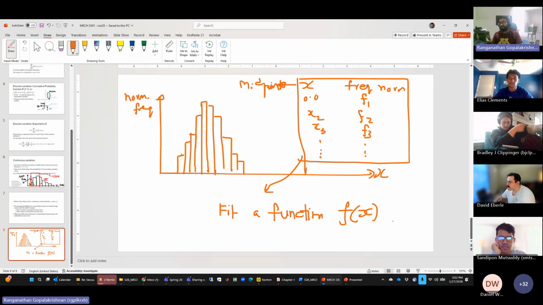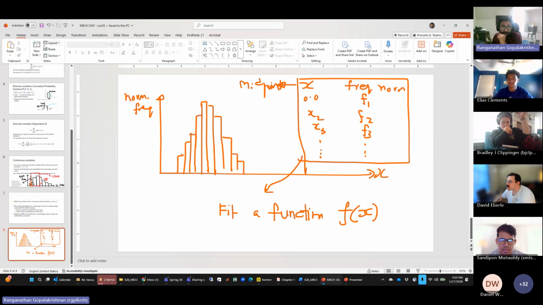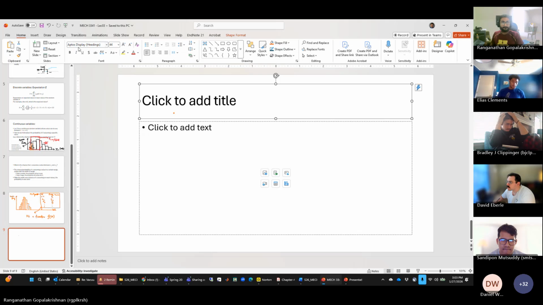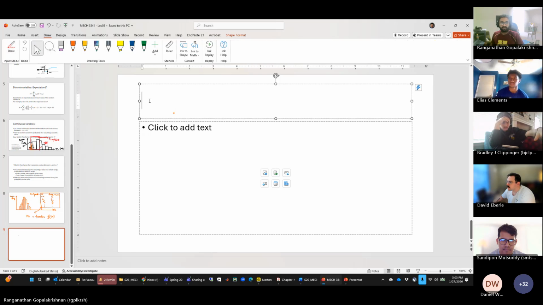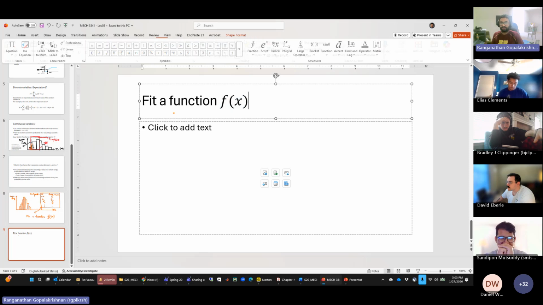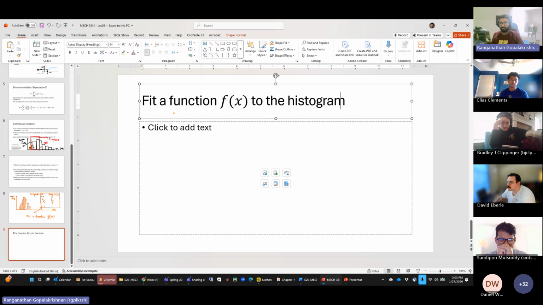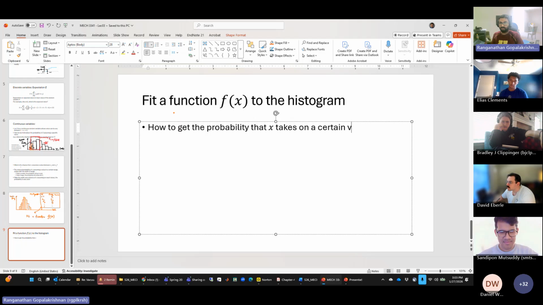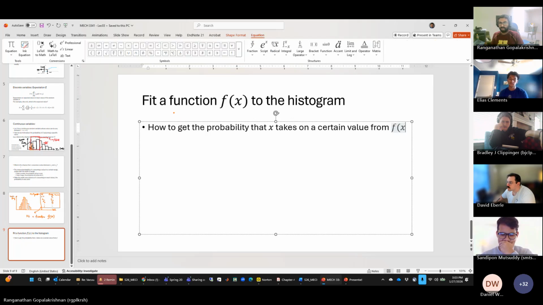From f of x, how can I extract probability? That's what I'm going to talk about. Fit a function f of x to the histogram. How to get the probability that x takes on a certain value from f of x?